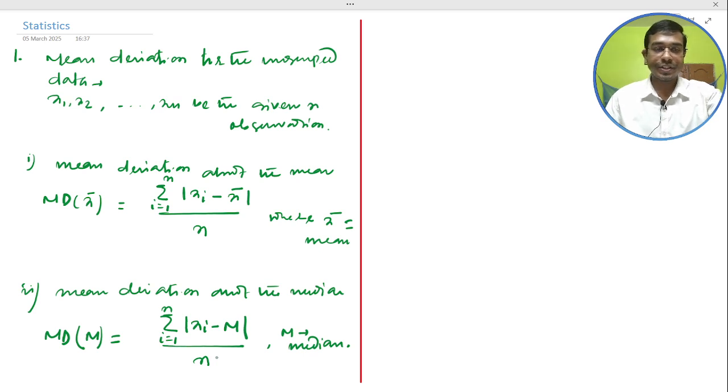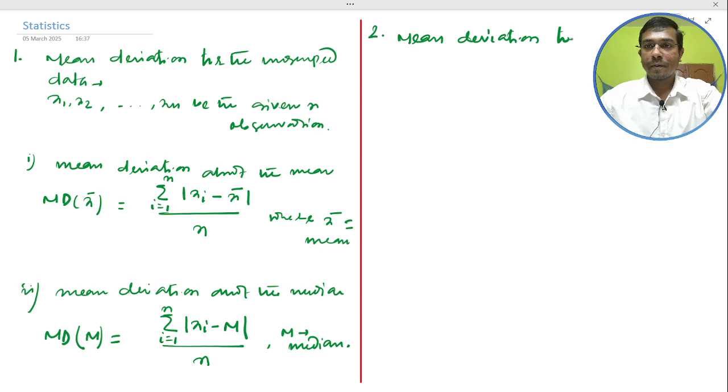Next, mean deviation for a discrete frequency distribution. This is number 2, and this is important.